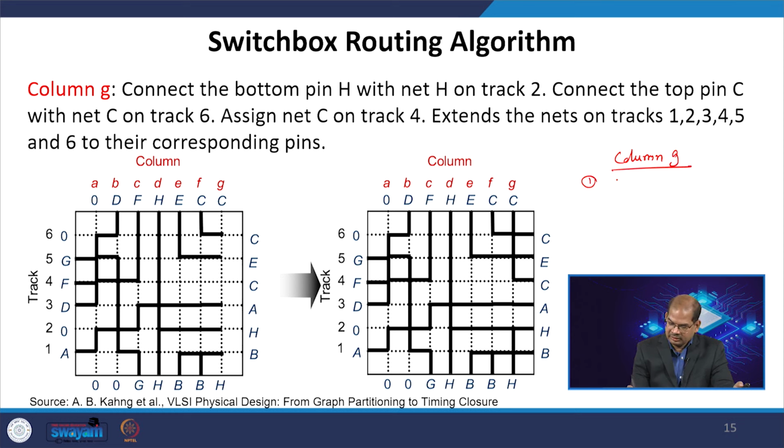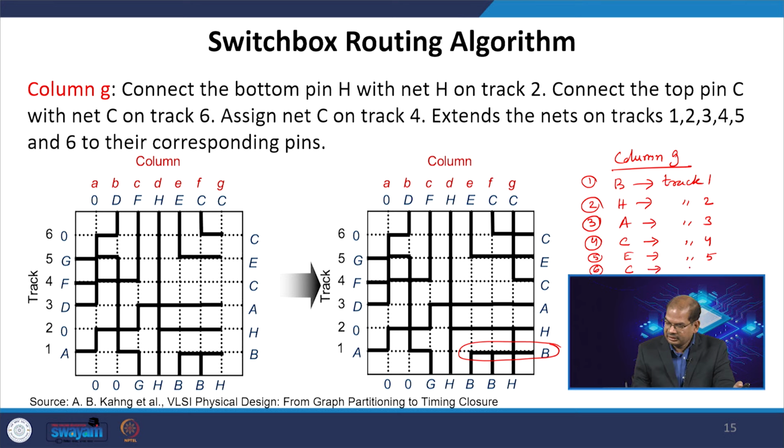So, you have track 1, B is in track 1, then H is in track 2, then A is in track 3, then you have 4, which is the C net in track 4, then you have 5, your E net is in track 5, then the sixth one is the C net, which is in track 6.